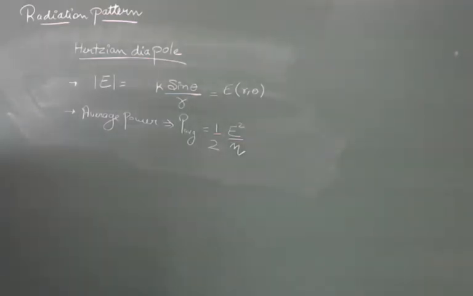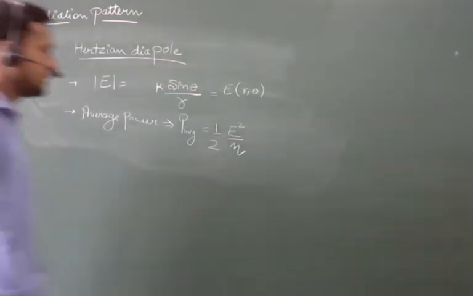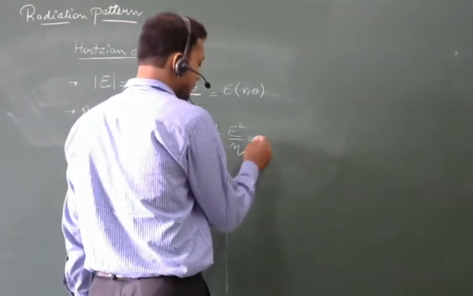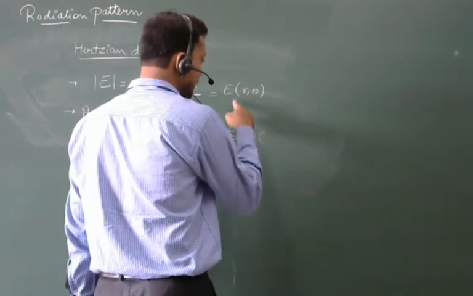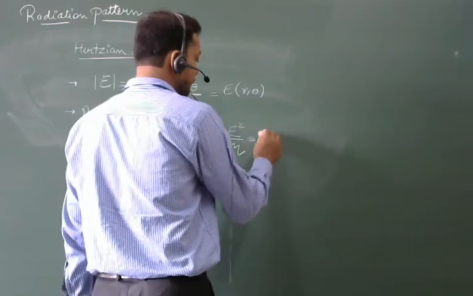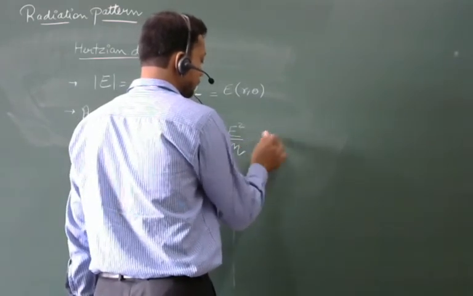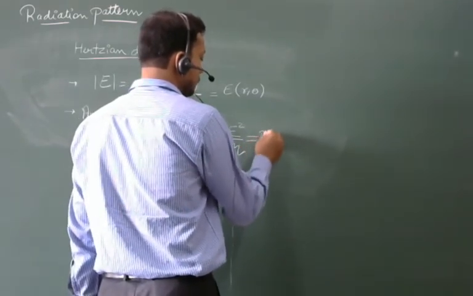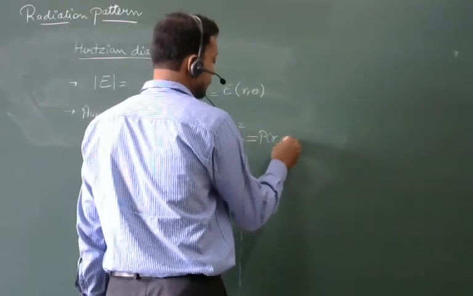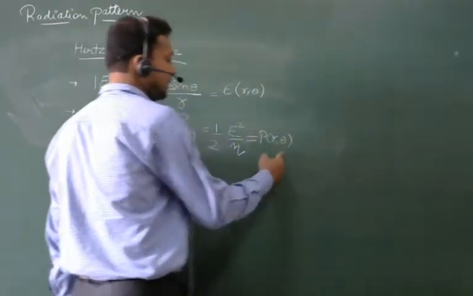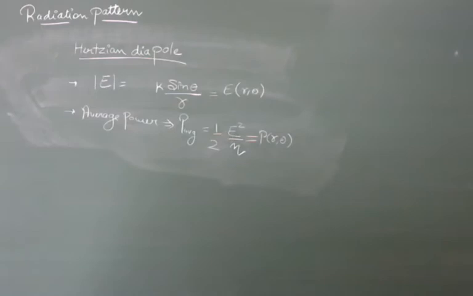From here, this average power is again a function of r and theta, the magnitude and the vertical angle theta.